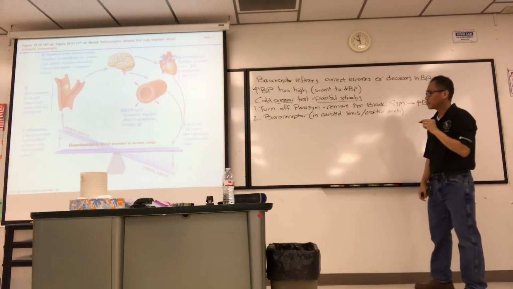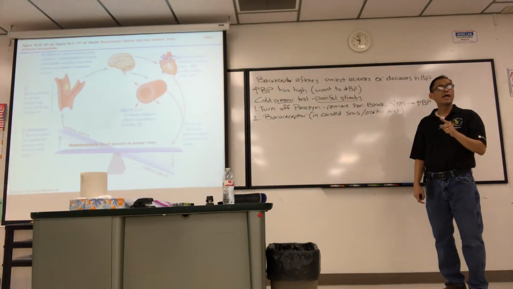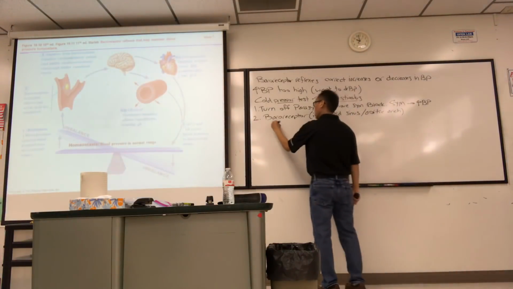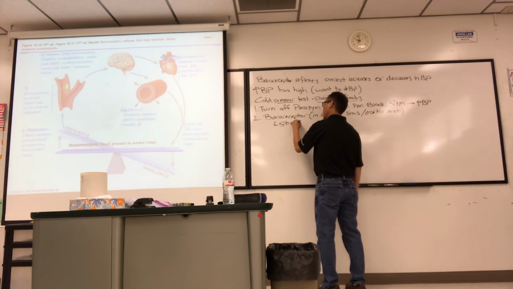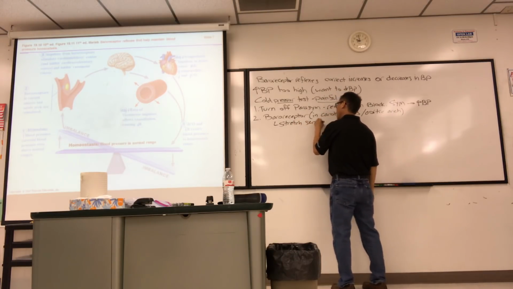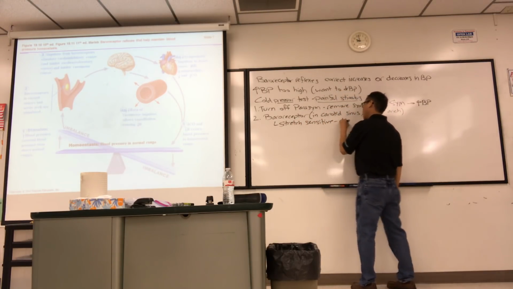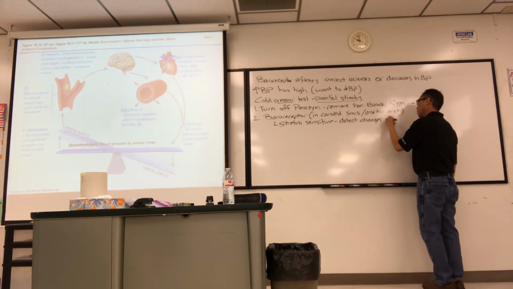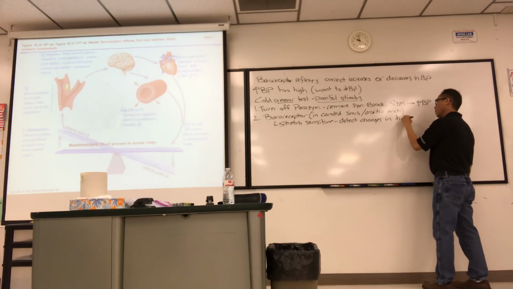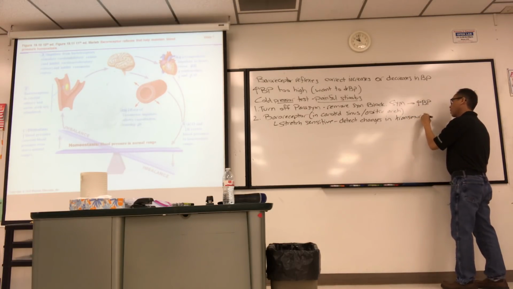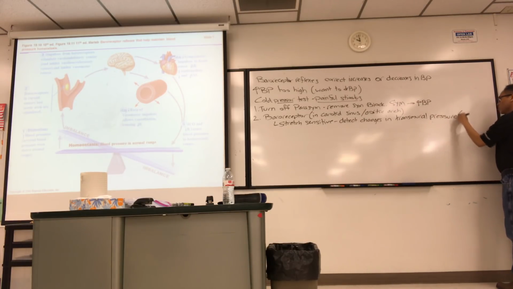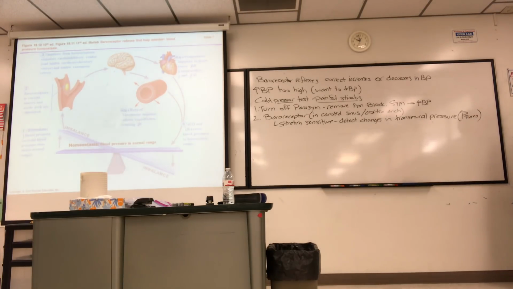What you should know about them is they're stretch sensitive and they detect changes in the transmural pressure. I'll abbreviate transmural pressure P-trans for short, so I don't have to keep writing it out.